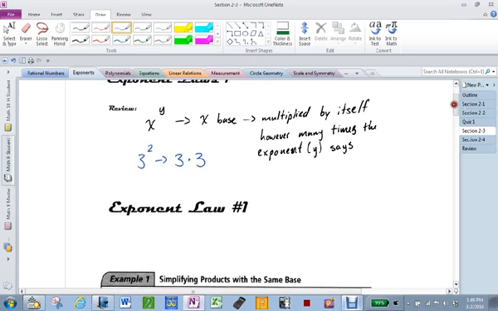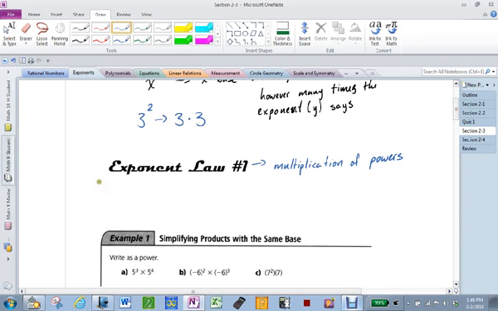Now, there are in grade 9 6 exponent laws. The first exponent law is multiplication of powers. So, if I have 3 squared, what does that mean? 3 times 3. Agreed? Excellent.